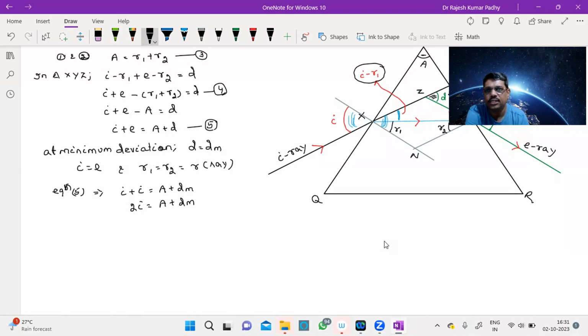This is not a D times m, this is D subscript m, the minimum deviation.